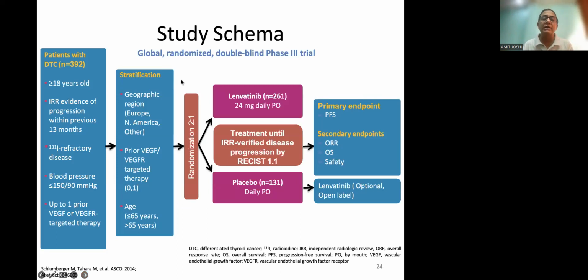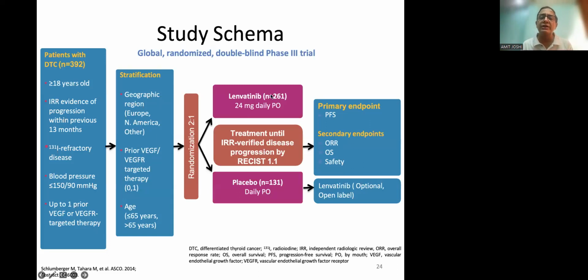So the same study was planned in patients who are radioiodine refractory, more than 18 years old, and patients who have received one prior VEGF therapy were also allowed. So if the patient has received sorafenib first line and their disease is progressing, these patients were also allowed.